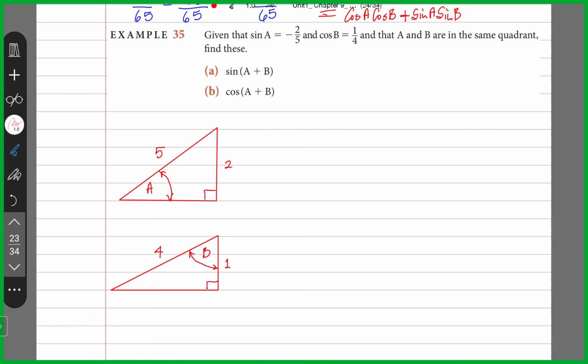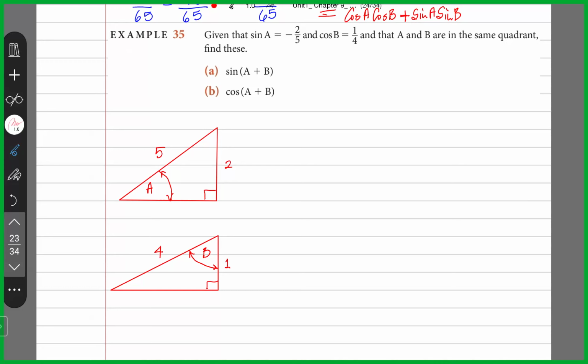The cosine of B is positive 1/4, and it says A and B are in the same quadrant. So this is a quadrant in which sine is negative and cosine is positive. That is clear. It means that A and B is in the fourth quadrant. In the fourth quadrant, sine is negative and cosine is positive. So both A and B are in the fourth quadrant.